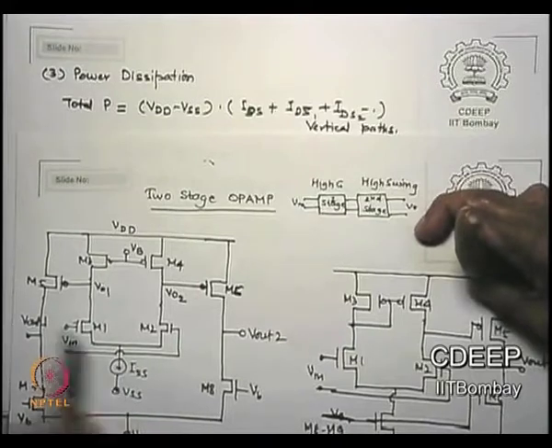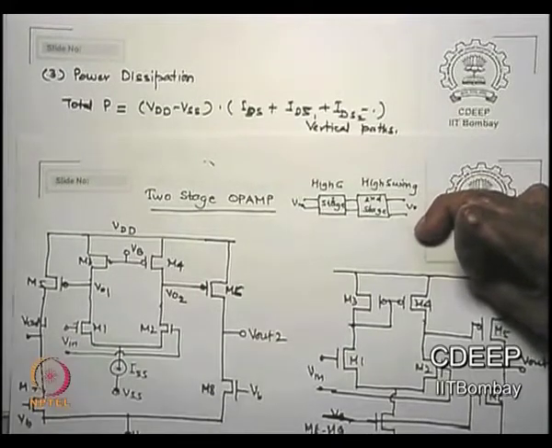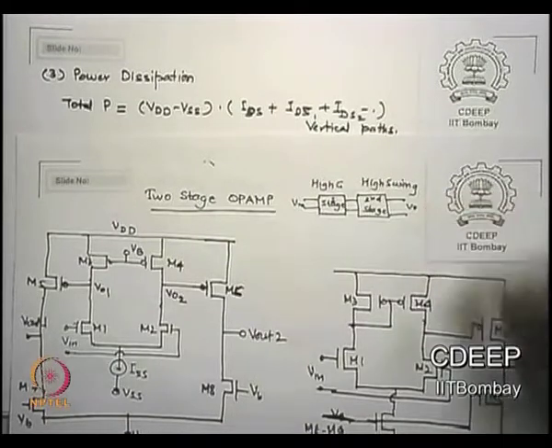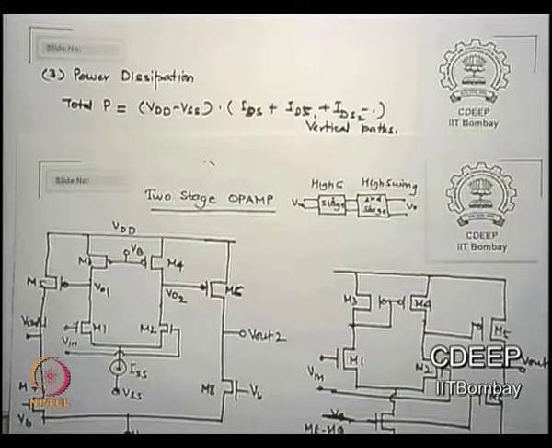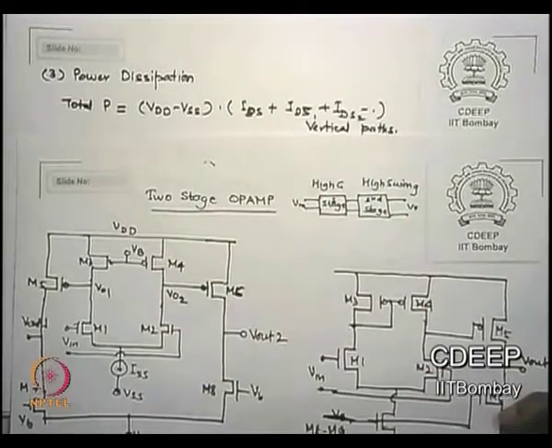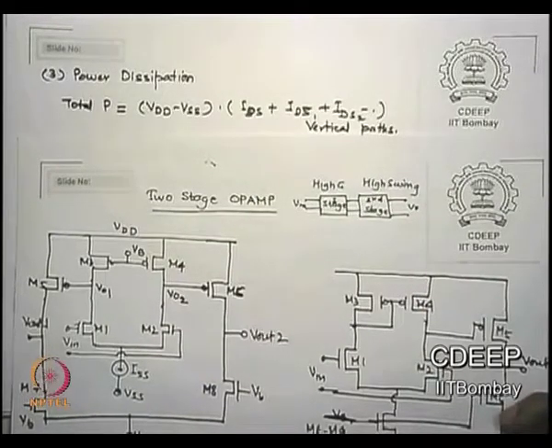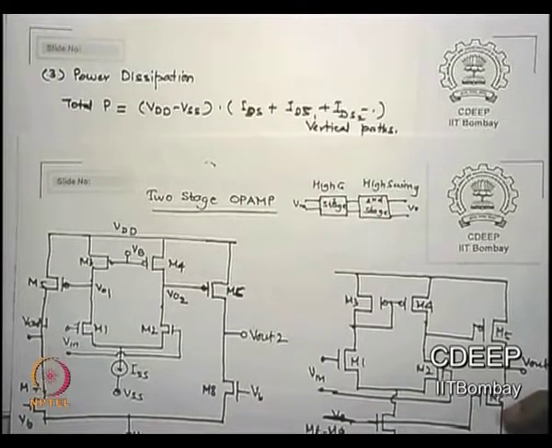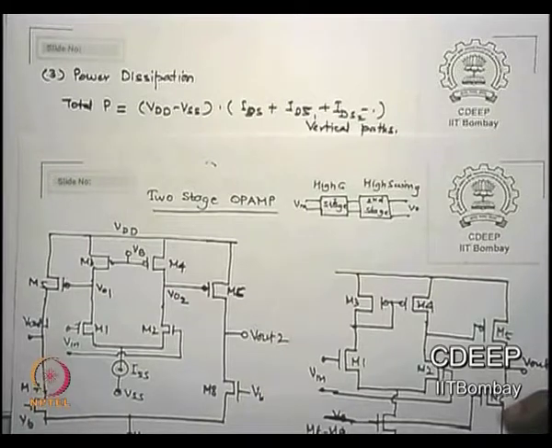One is of course this, other is because of this, then there are mirror currents. All vertical branch currents going from VDD to VSS are in parallel. Is that correct? VDD to ground, VDD to ground, VDD. So add all those currents because they are supplied by the same VDD and received at the same VSS. So the power dissipation of an OPAMP is all vertical path currents multiplied by VDD minus VSS. That is the power dissipation of an OPAMP.